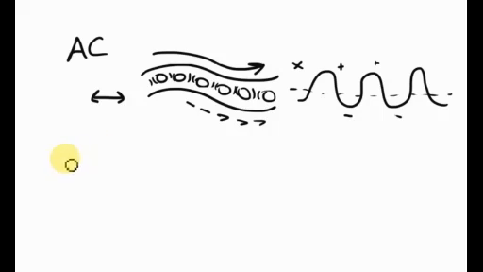Alright, now direct current. DC was first recognized by Thomas Edison in the 1800s, and it's characterized by the motion of electrons through the conductor.